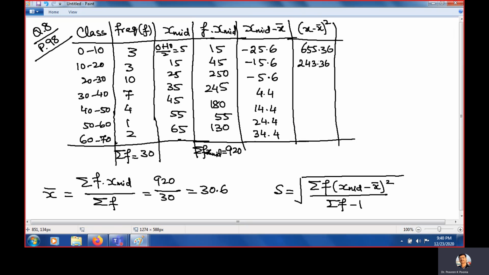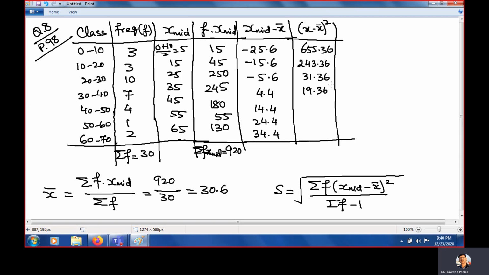Then minus 5.6 square is 31.36. Then 4.4 square is 19.36.